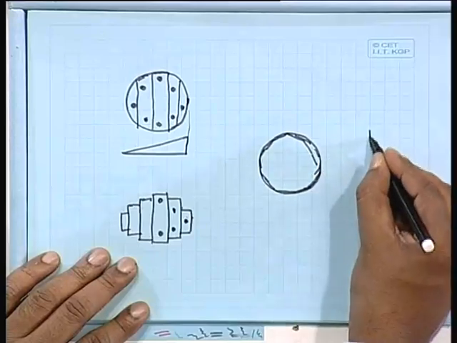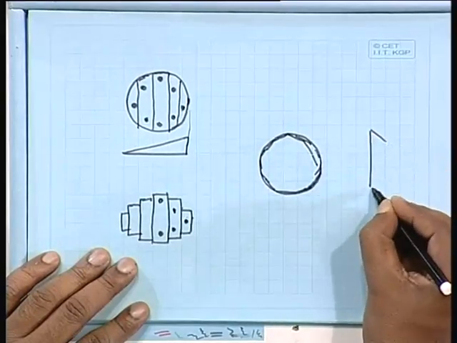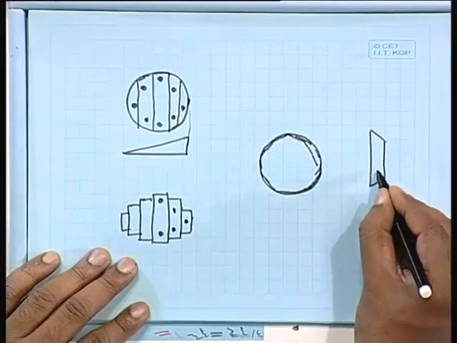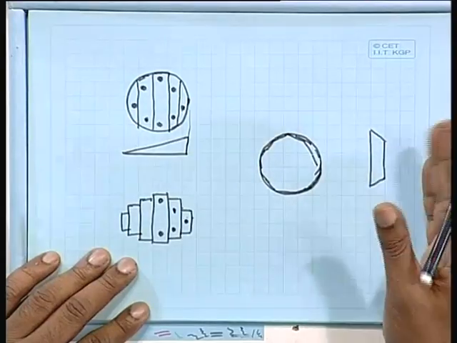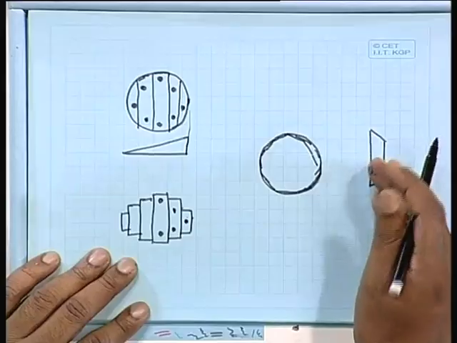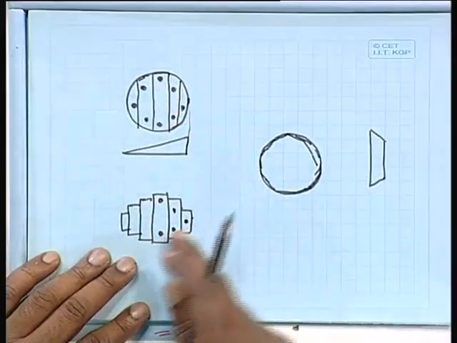So what I can do, I can take a section as if the section is like this. If we can find out for this, then I can provide it for any one of them. This is the one that we can do. That means it is more closer to the circular one.